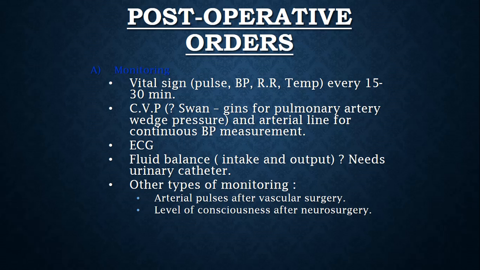Fluid balance should be checked, that is intake and output record, particularly from the urinary catheter. Other monitoring is specific to some patients, like arterial pulses after vascular surgery and level of consciousness after neurosurgery.